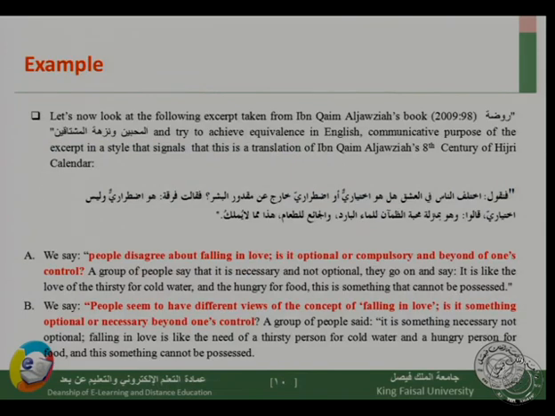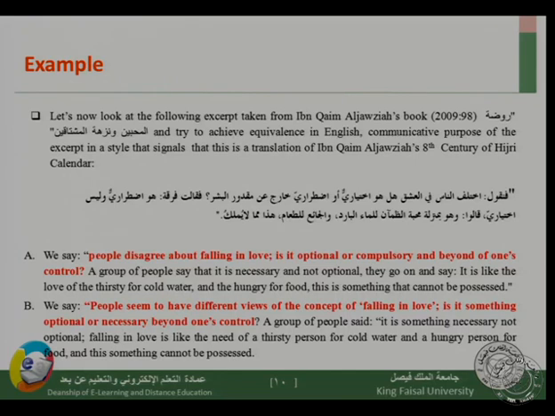Now in روضة المحبين ونزهة المشتاقين, Ibn Qayyim al-Jawziyah, 8th century of Hijrah, he wrote something and you want to translate what he wrote about, for instance, al-ushq.